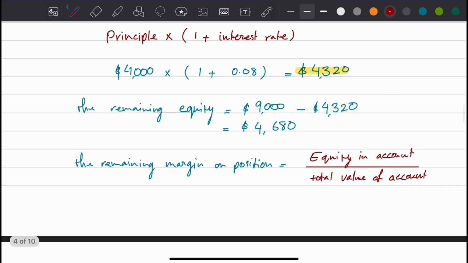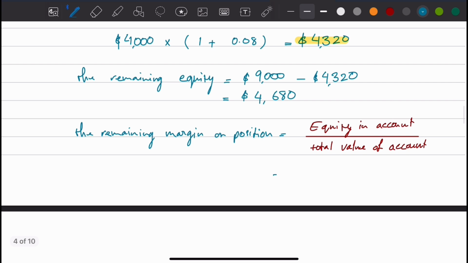Okay, which is going to equal 4,680 divided by $9,000. 4,680 divided by 9,000, that's 0.52, which is equal to 52%. Okay, so that's the first question in requirement B.